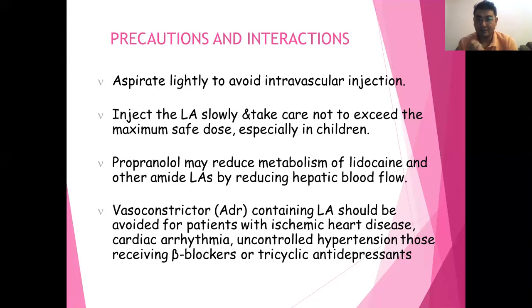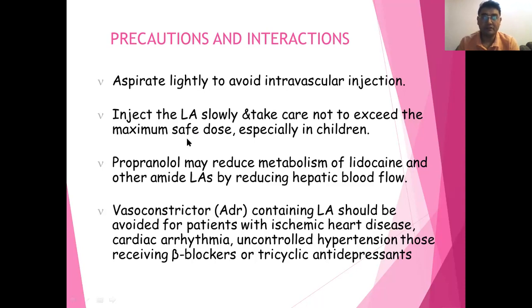If blood is coming into your syringe, then it is inside the vessel. If you inject in this situation, it will go directly to the circulation, and a high level of it will cause some systemic bad effects, especially cardiac complications, low blood pressure and falling blood pressure.